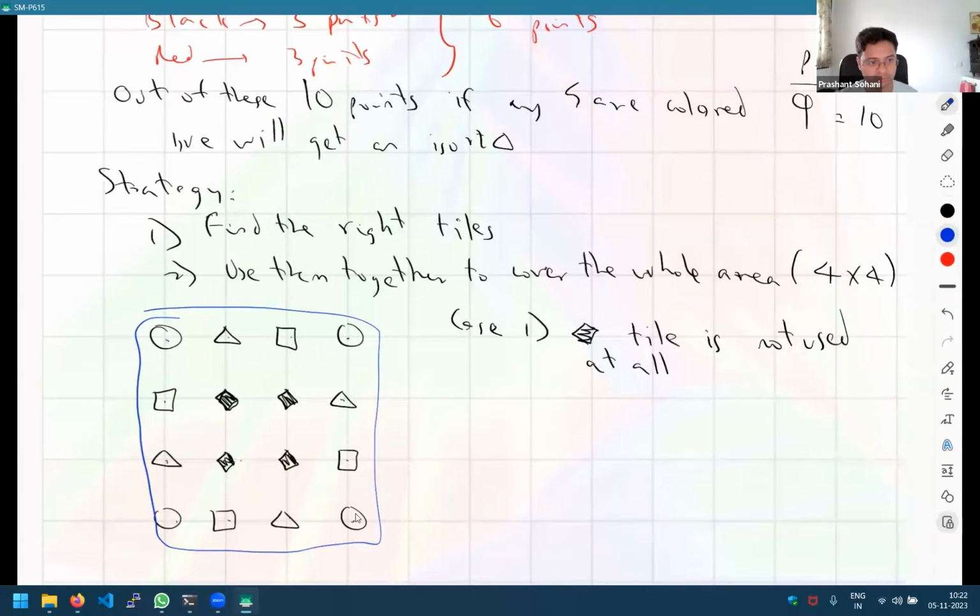Then can we finish the problem? Because there are basically 3 groups of 4 points each, right? And there are 7 points which are colored. So can you guarantee that there will be some group out of which 3 points will be colored?